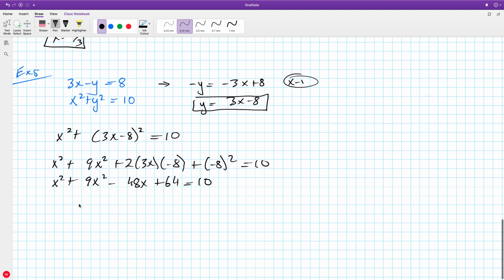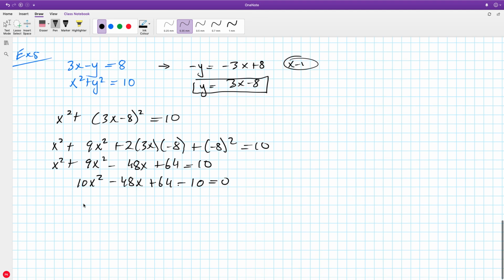X squared and 9x squared is 10x squared, minus 48x, plus 64 minus 10 is equal to 0. So that's 10x squared minus 48x plus 54 equals 0.